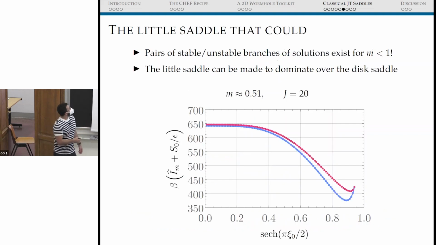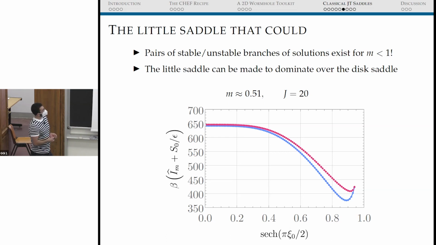Now, what happens if we try to go to m smaller than 1, which is all we wanted to do throughout? We do find, again, saddle points which are dominant and stable as we go to m smaller than 1. So here is a little saddle we were proud of, which dominates and is stable.